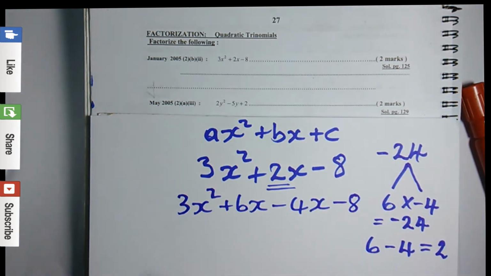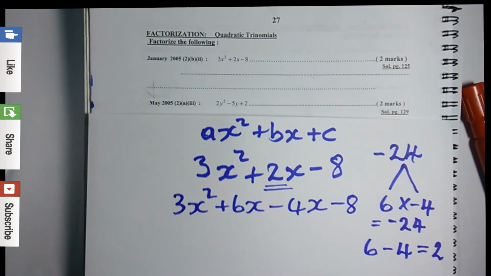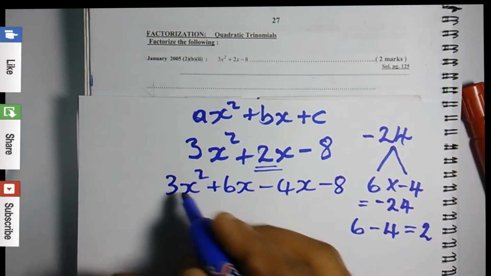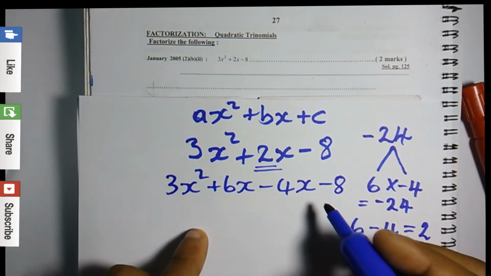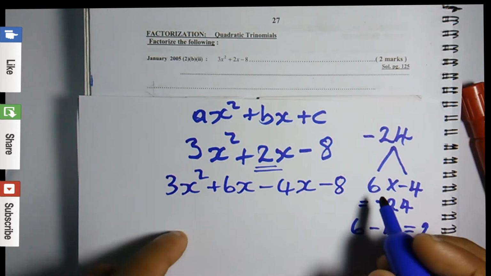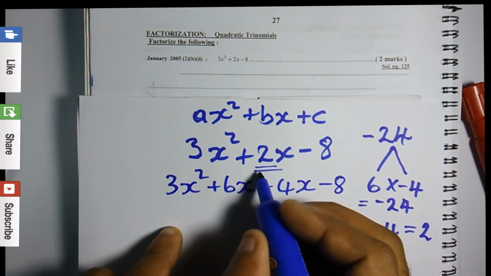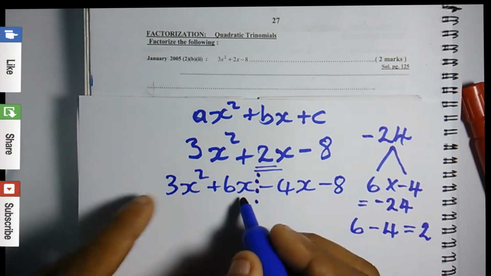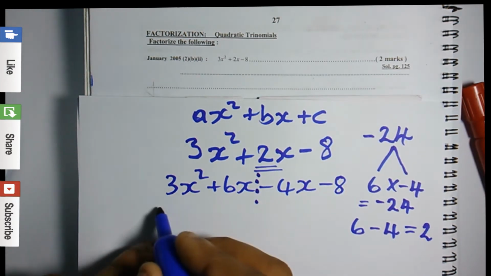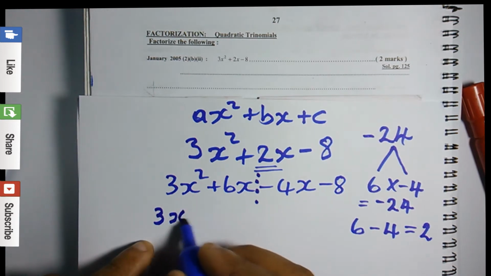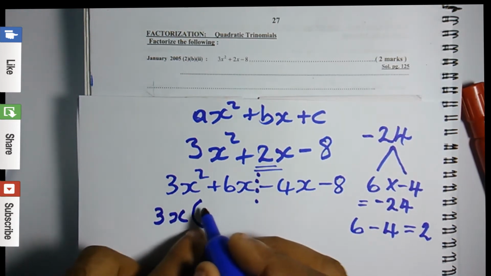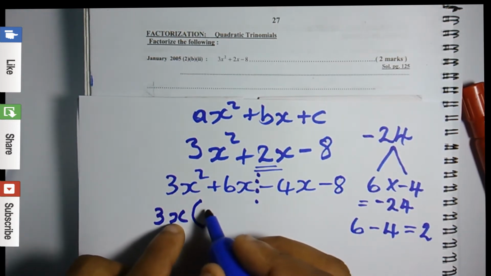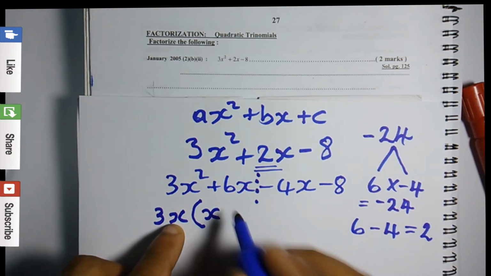Now, if your memory serves you correctly, this question resembles factorization by grouping. So what we could have done is group them into pairs. First pair, if you realize 3x is common, so 3x, open bracket, what can we multiply 3x by to get 3x squared? x.